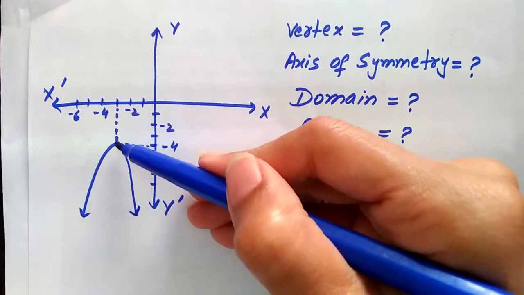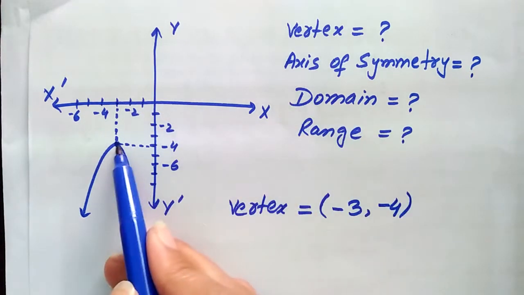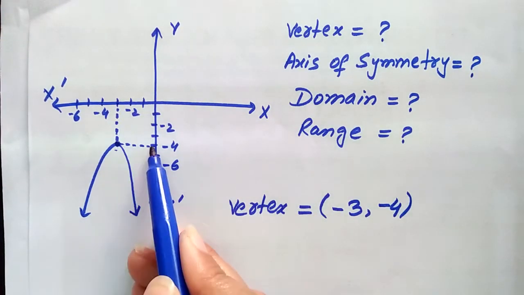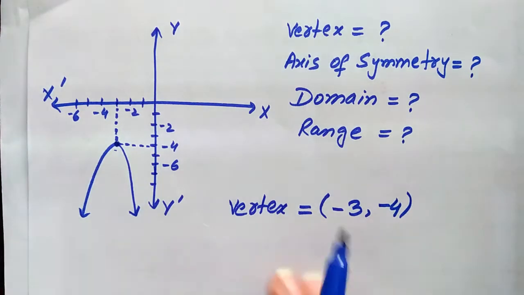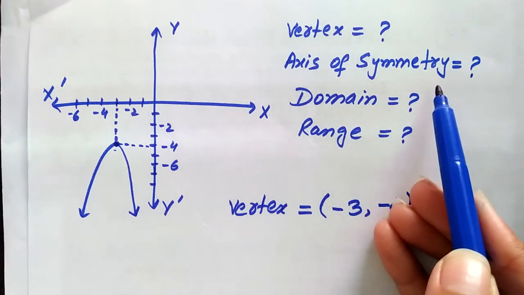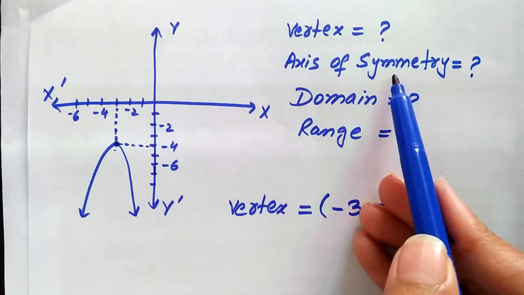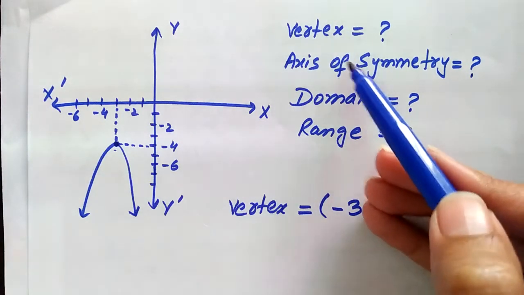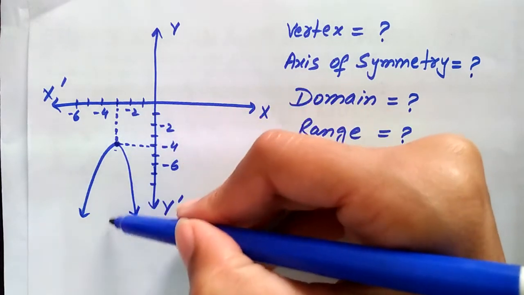Extend it through a vertical line and then through a horizontal line, and you will get the x-coordinate and y-coordinate of the vertex. Now, if we want to find out the axis of symmetry, you must know how to find it through the vertex. The axis of symmetry passes through the vertex of the parabola.